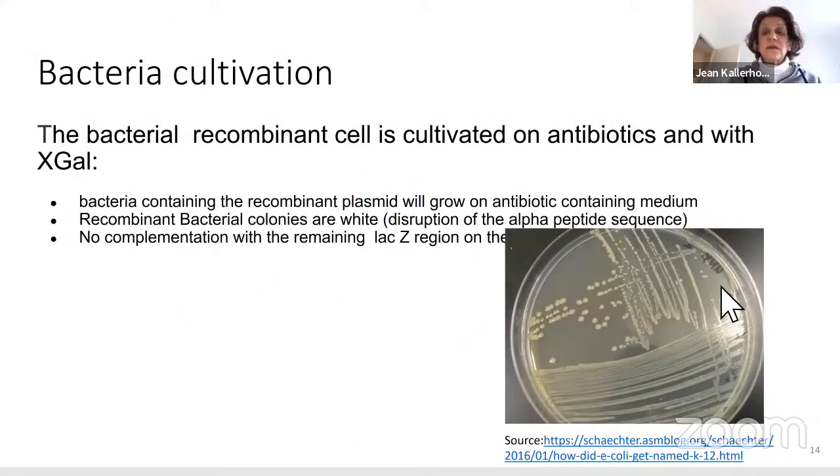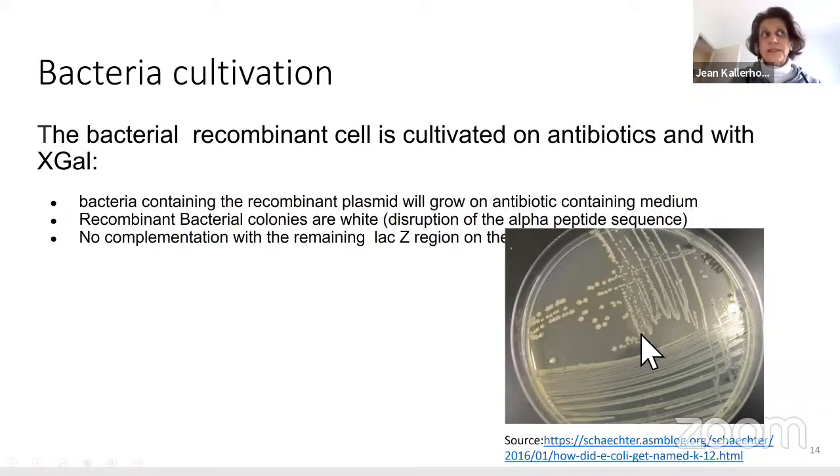You get recombinants. This is a very nice experiment that has worked very well because there are no blue colonies, there are only white colonies. This means that all these colonies have integrated a foreign sequence. Why are they white? And they grow on ampicillin.